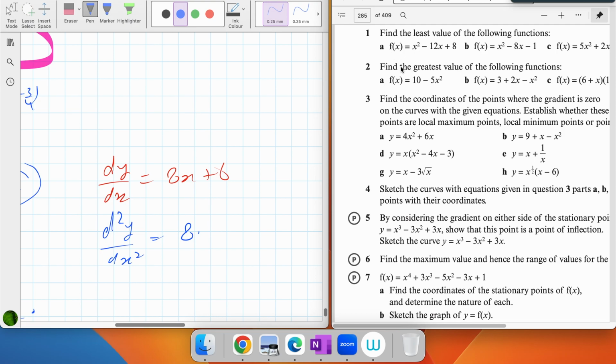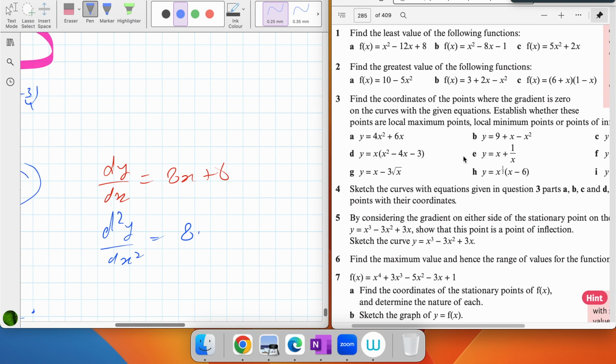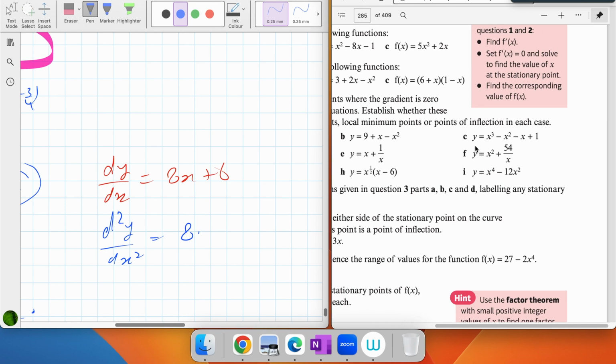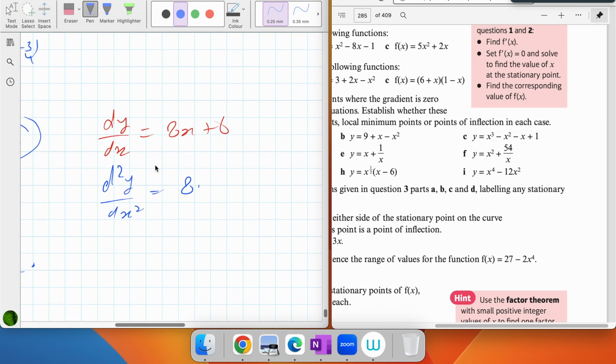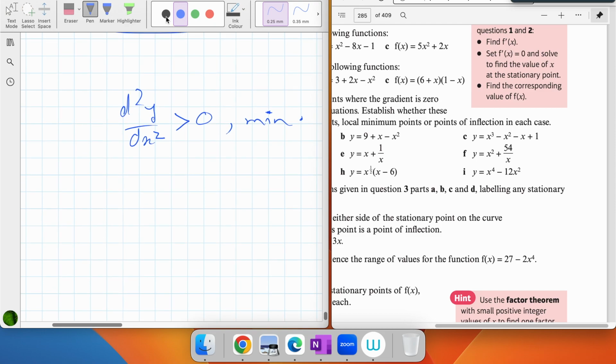Now let's try one cubic, this C part. Question 3, part C. The equation says y equals x cubed minus x squared minus x plus 1.